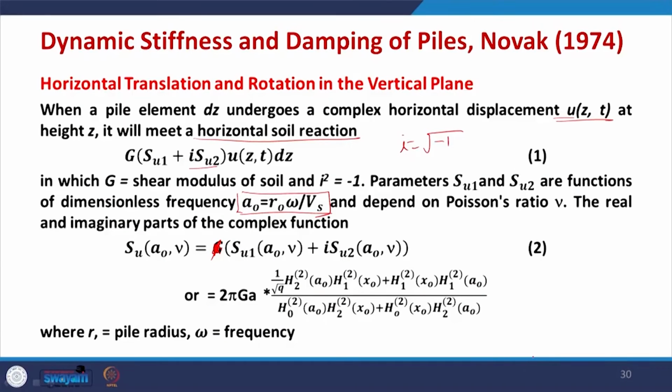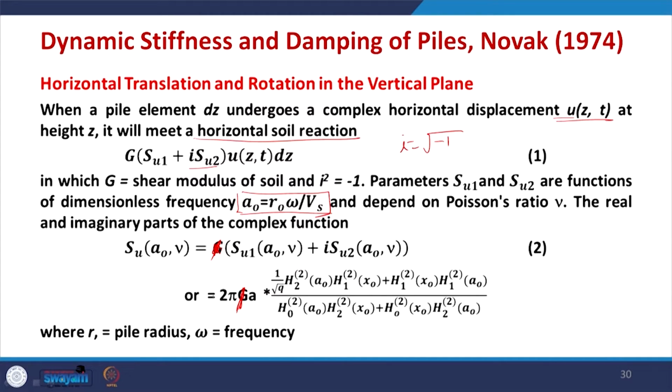Okay. Then equation 1 can be written with S_u1 and S_u2 like this, and the equation here is 2 pi G a. So, you have G and then multiply by this. What is done here basically, again G should be removed if we want to compare the values of S_u1 and S_u2.